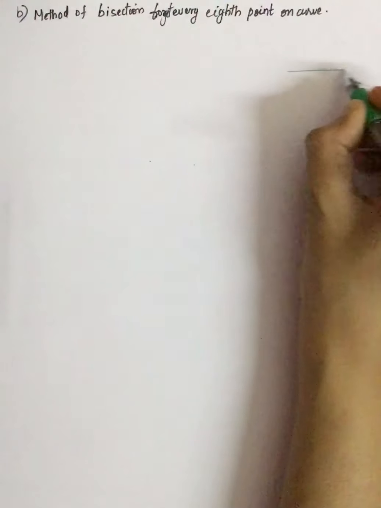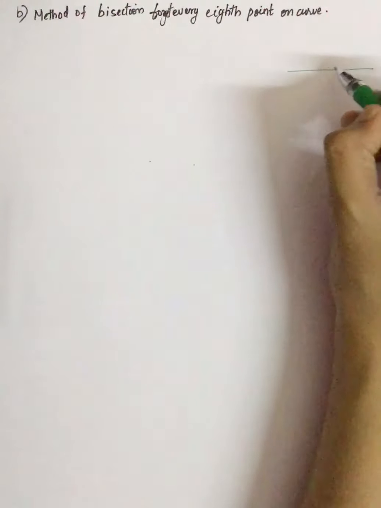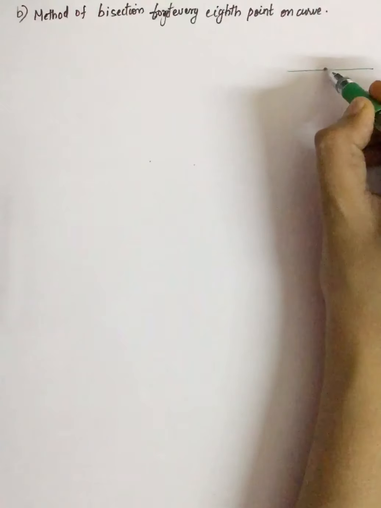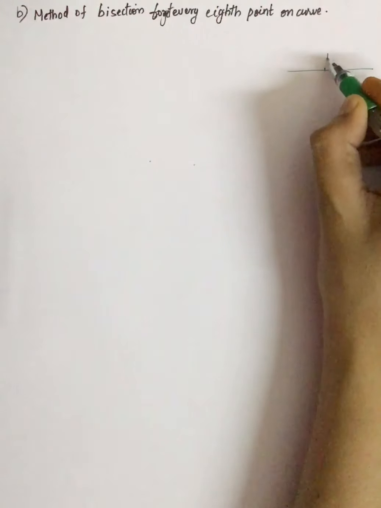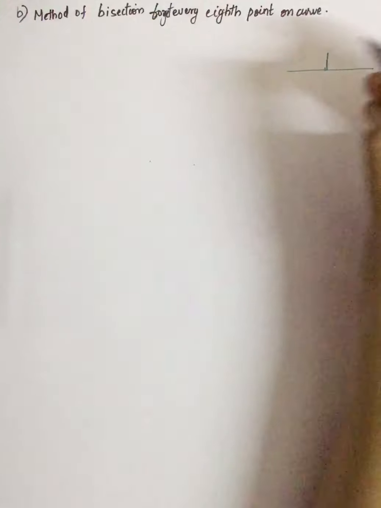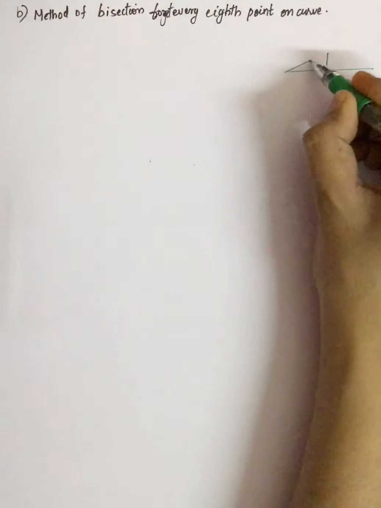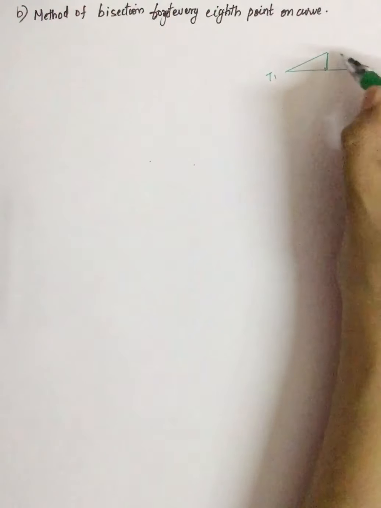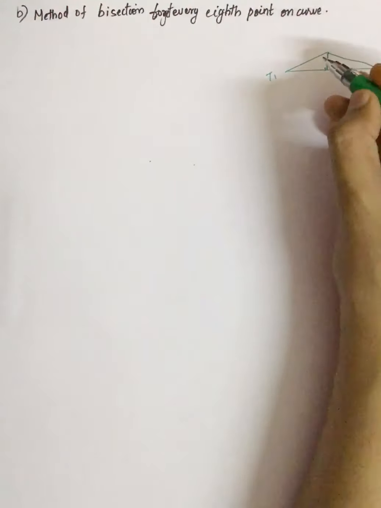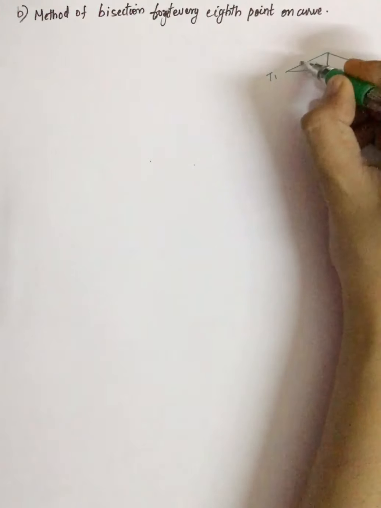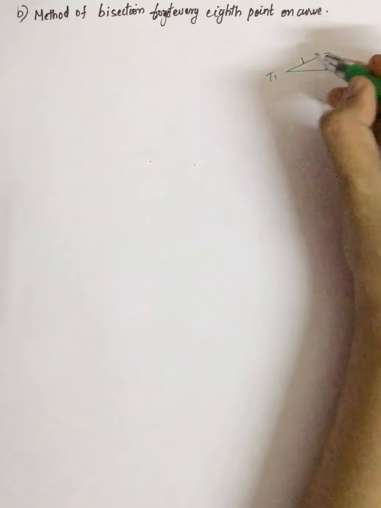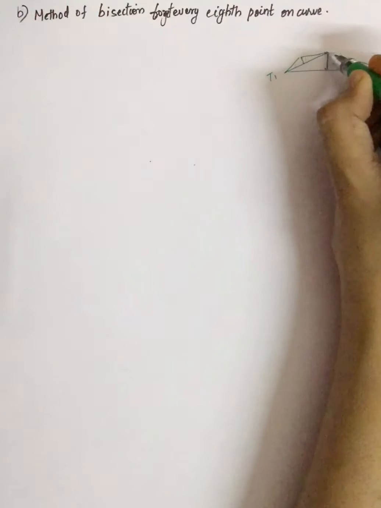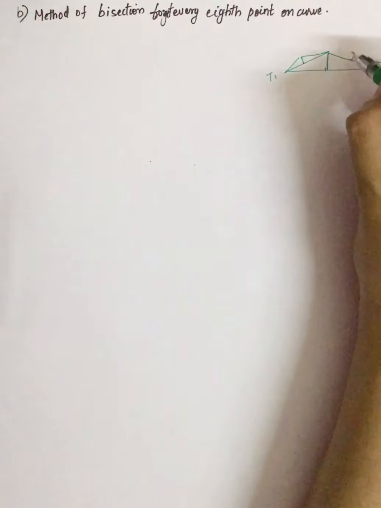So what we are doing is, we will divide the long chord into two. We will calculate the mid ordinate. Okay, so join this T1, mid ordinate and T2. Again, the mid ordinate of this point is calculated. Join these 2 points.